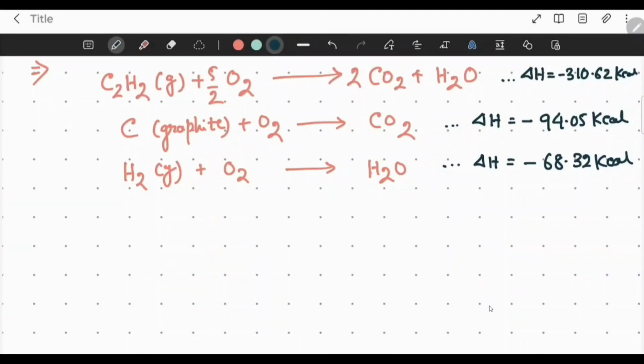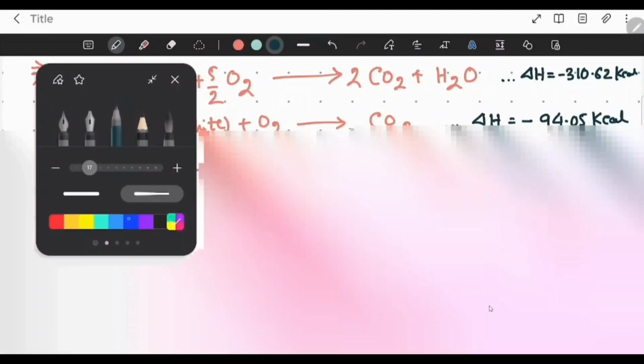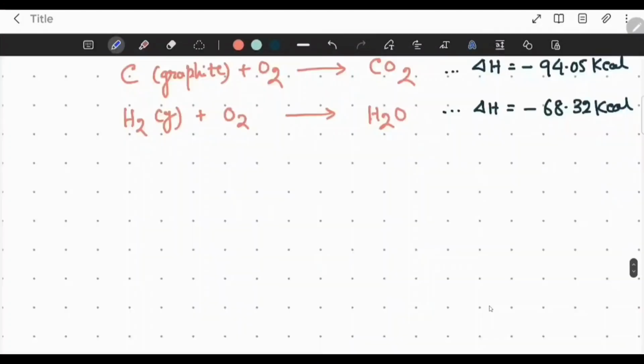Okay, so now these are given. Now what we have to find out? We have to find out the heat of formation for C2H2. For that we have to write down the formation reaction of C2H2. So C2H2 will be formed from its ingredients, which are carbon and hydrogen.